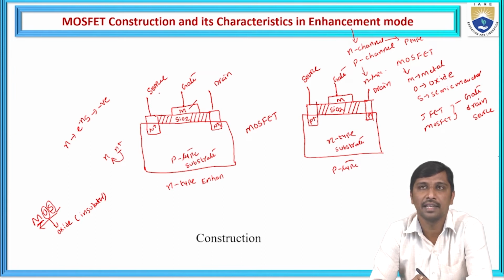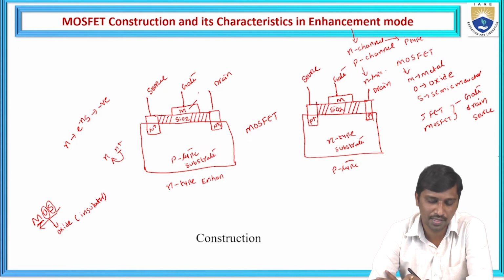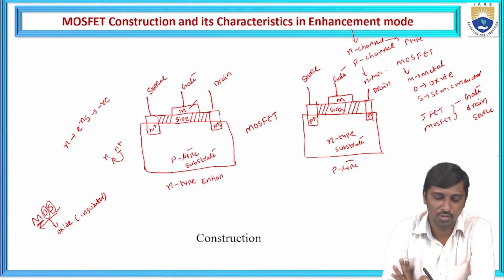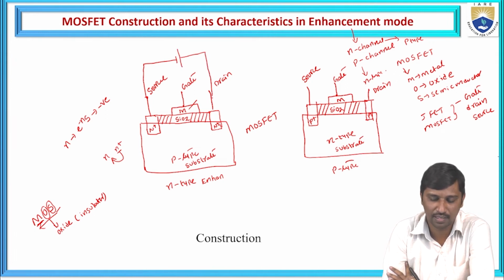For that, again we require some amount of energy between the gate and the source. To repel the charge carriers from the source to drain, the source is biased negative with respect to the drain terminal. Hence the drain is biased positive, and this type of biasing is represented as VDD.